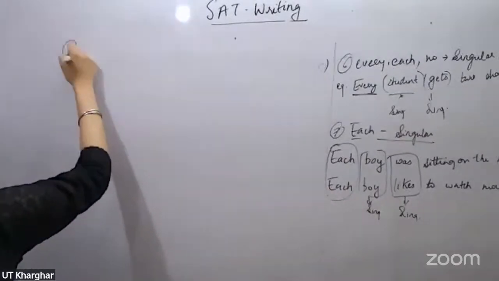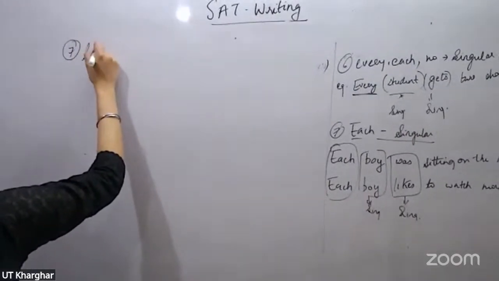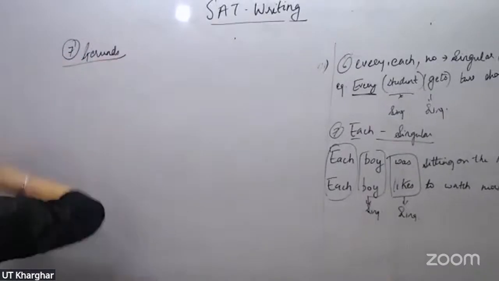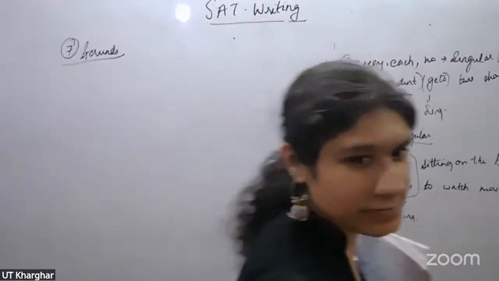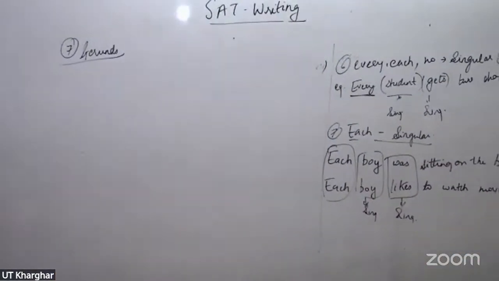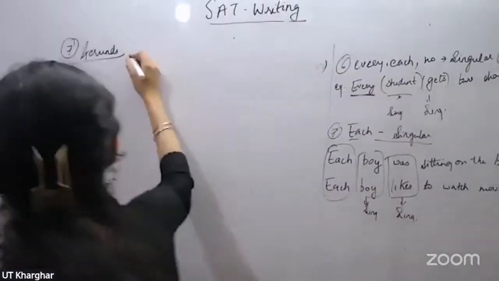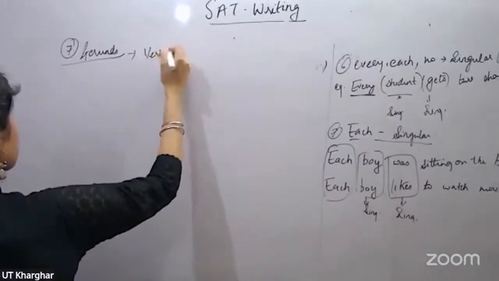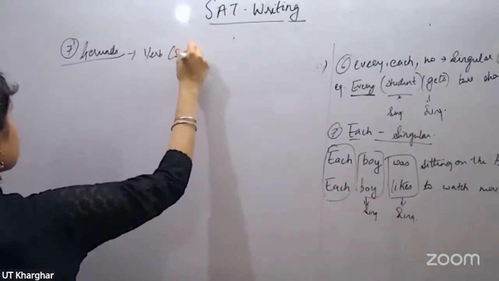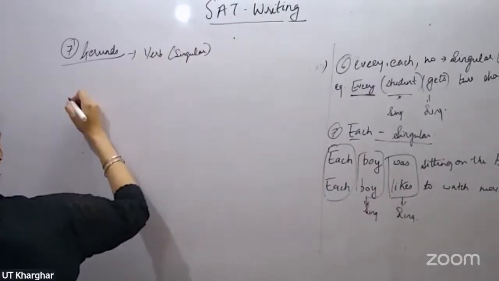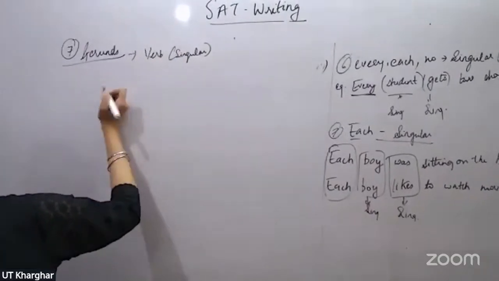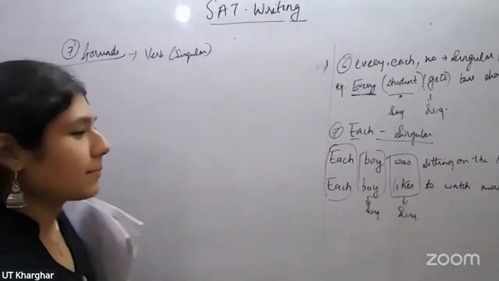Rule number 7 is about gerunds. So what are gerunds? Tell me. Any verb along with ing, used as a noun. Whenever you have a gerund, the verb would be singular.